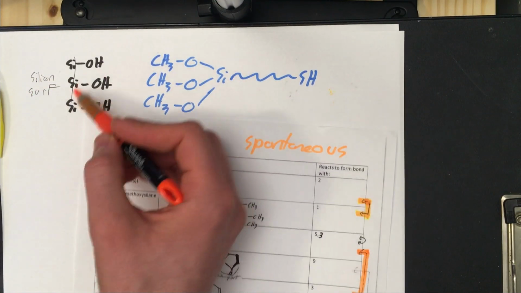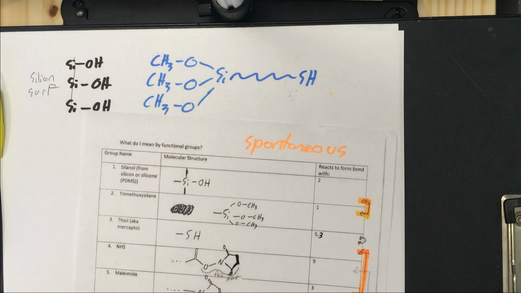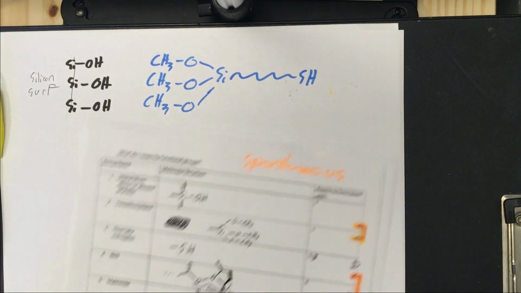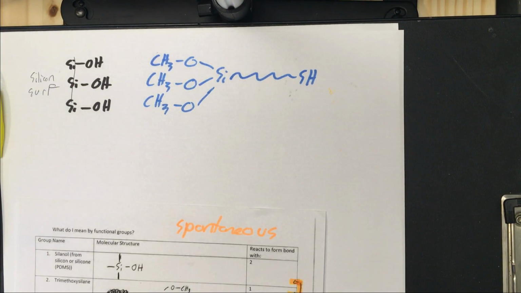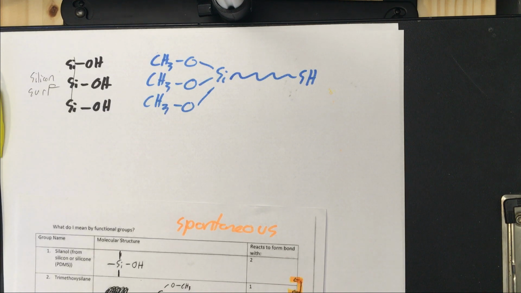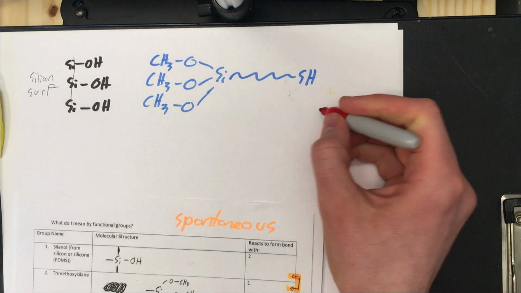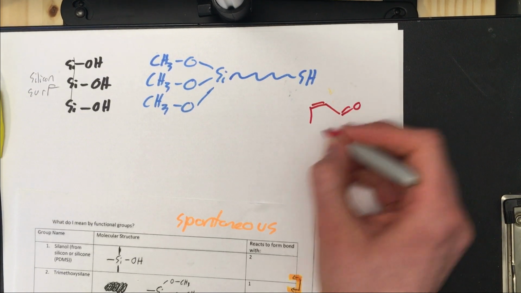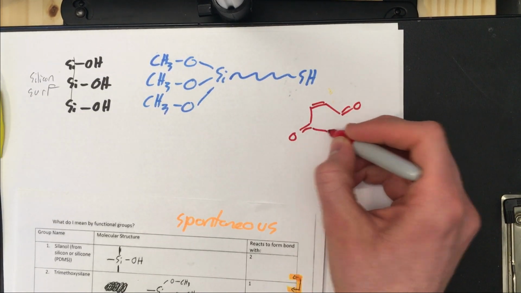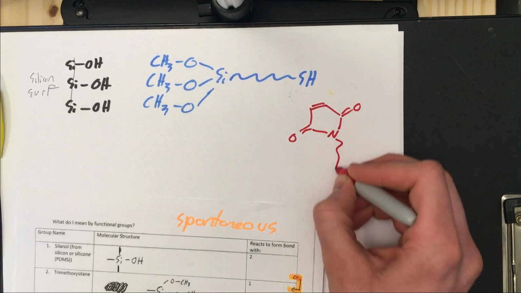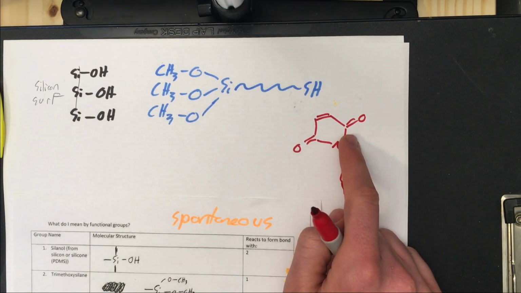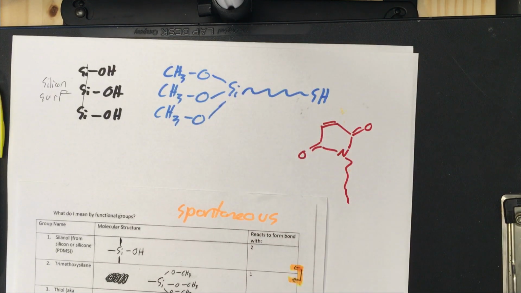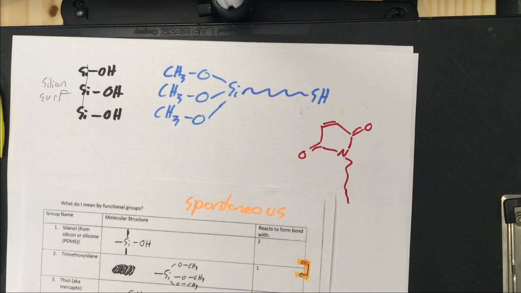We then put this molecule on the surface here, leaving the surface with a bunch of SH groups. If we then put in a molecule that had maleimide on it, this would react with the SH group spontaneously at room temperature to form a bond.